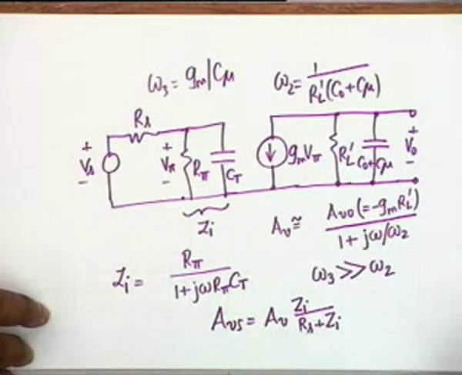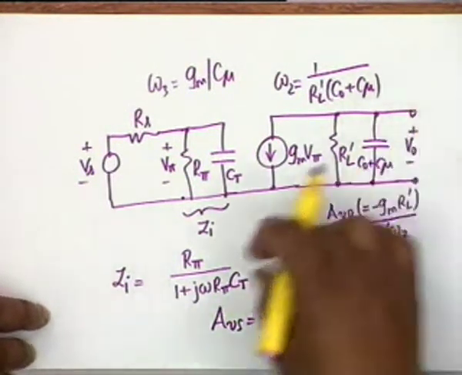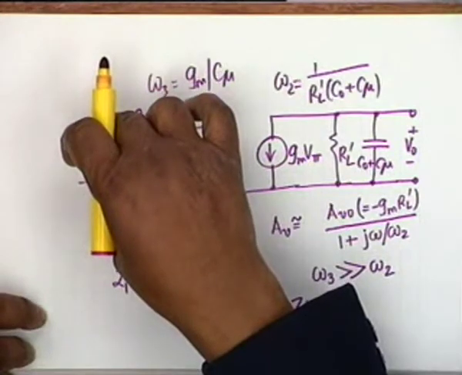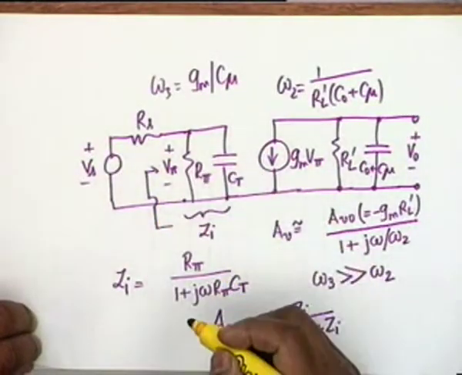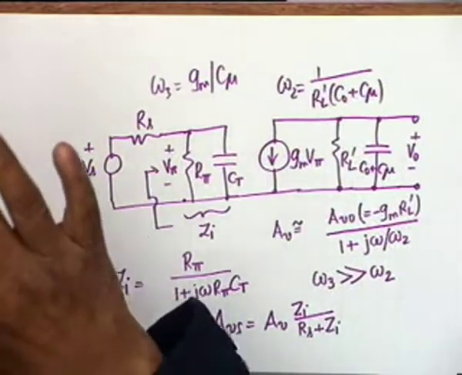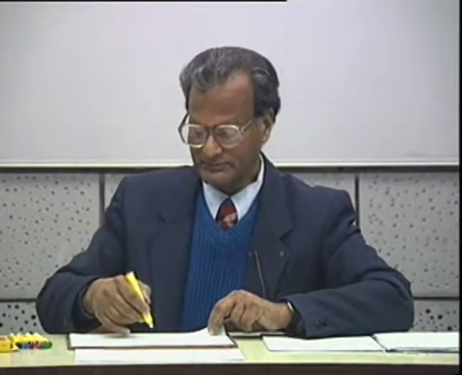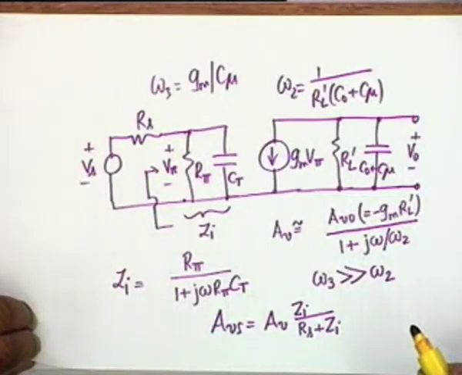Agreed? This is AVS. AVS is the gain between V0 and the actual source voltage. Zi, as you can see, is also the input impedance of the circuit. This is what the source with its internal resistance sees when it looks into this circuit. That is why this subscript i is for input impedance, no longer Ri, it is Zi.